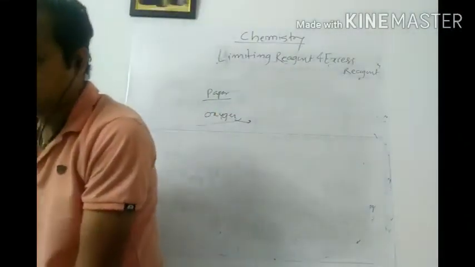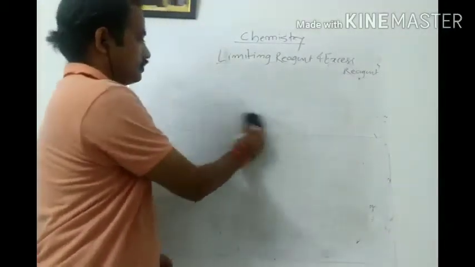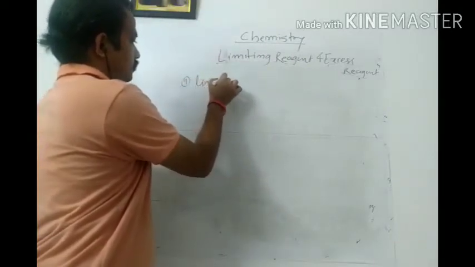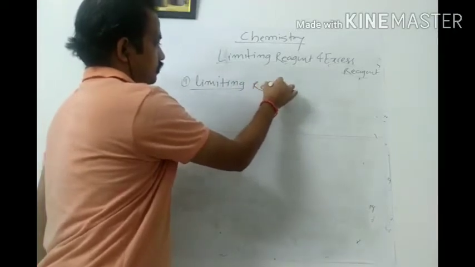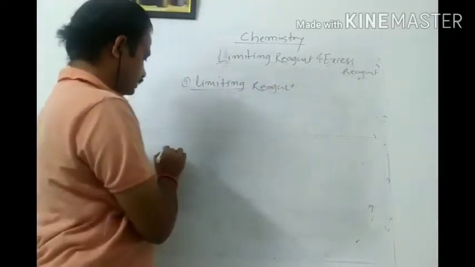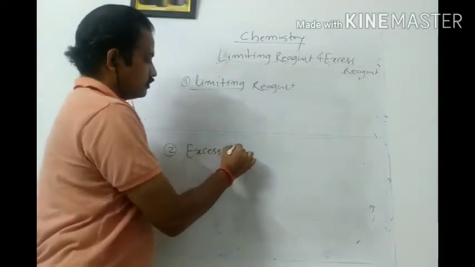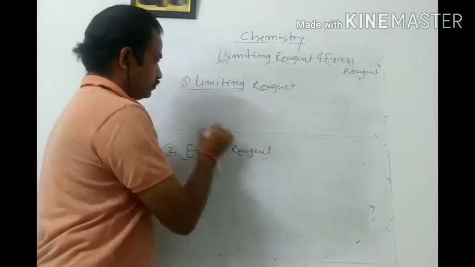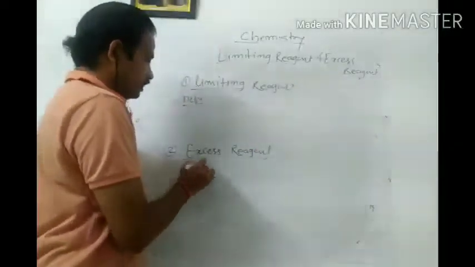So how are we going to define the limiting reagent? First one is limiting reagent, second one is excess reagent. Firstly we will see the definition of limiting reagent, then we will discuss excess reagent.